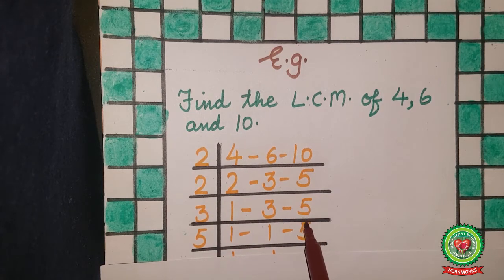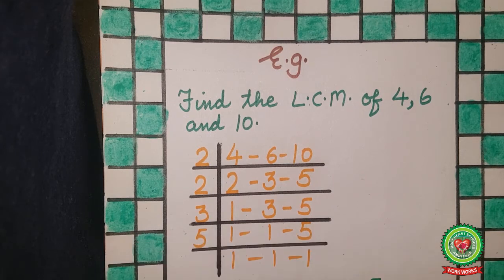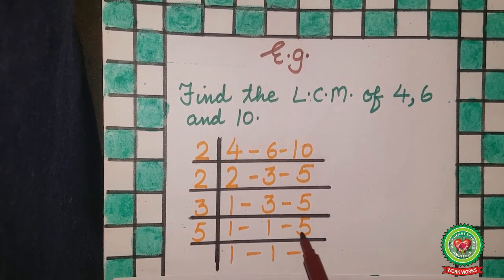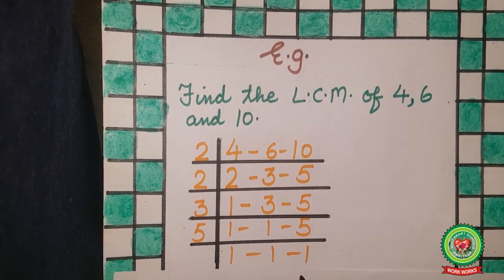So bring 5 down as it is. 5 is a prime number. So divide 5 by 5. After dividing 5 by 5, we get 1, because on 5 table 5 comes on 1.